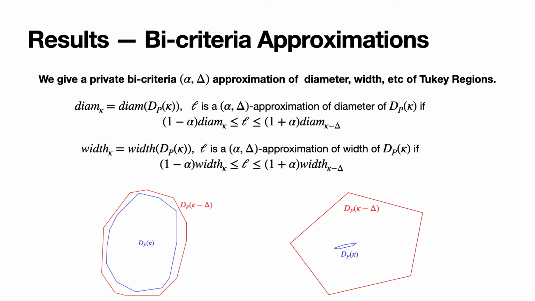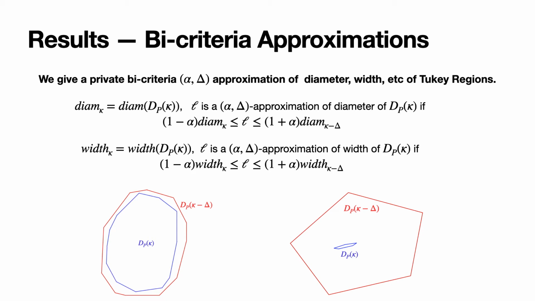One of our goals is to privately approximate geometric features, including width and diameter. We give the bicriterial notion of those features. For the kappa Tukey region, those bicriterial measures lie between the 1 minus alpha scaling of the measure of the kappa Tukey region and the 1 plus alpha scaling of the shallower kappa minus delta Tukey region.